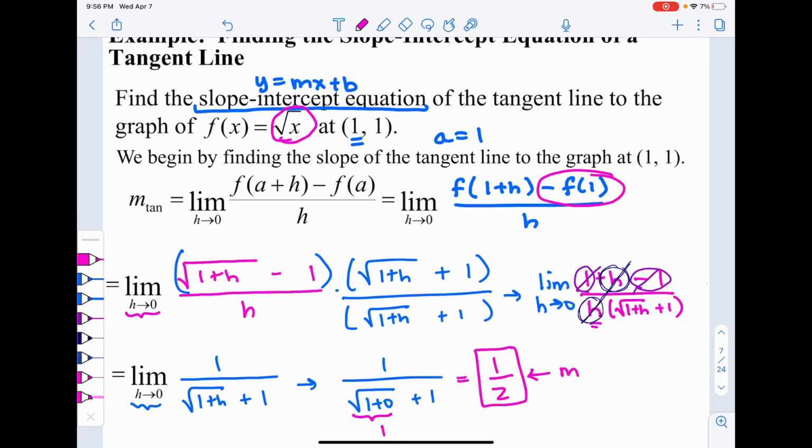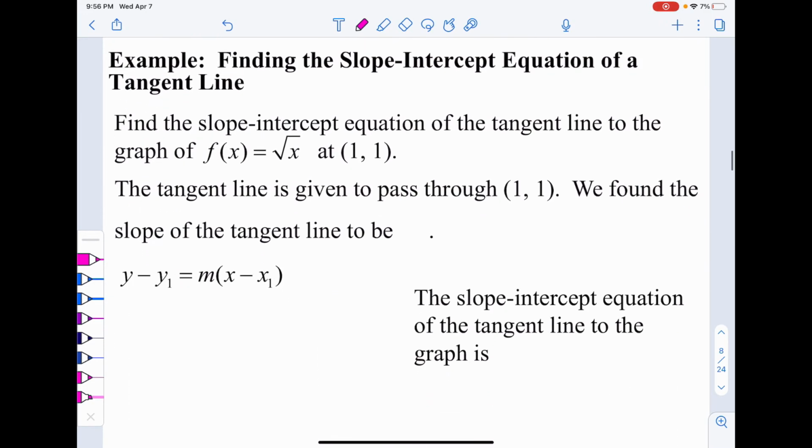So now we need to go back and we need to write out that total slope-intercept form. So one last step. Once I have an ordered pair, I have 1, 1. We just said that the slope is going to end up being a 1/2. We found that the slope of the tangent line to be 1/2. So all I'm going to do is go to my point slope form, plug it in, and solve it down. So my slope is a 1/2.